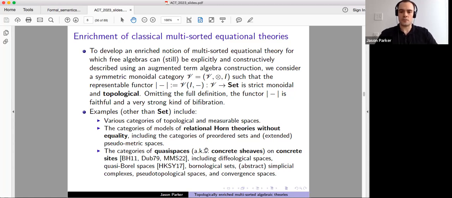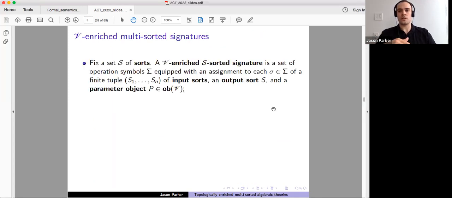These include things like diffeological spaces, quasi-Borel spaces, and so on, and lots more examples in this class. And many of the categories studied in monoidal topology as well, and also many others not in this list.